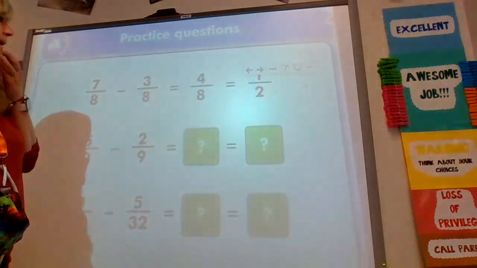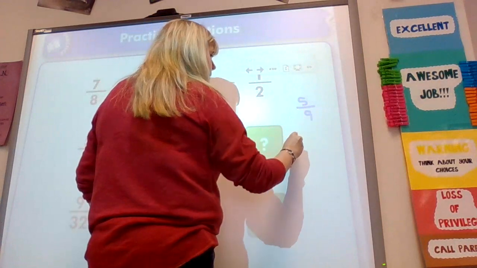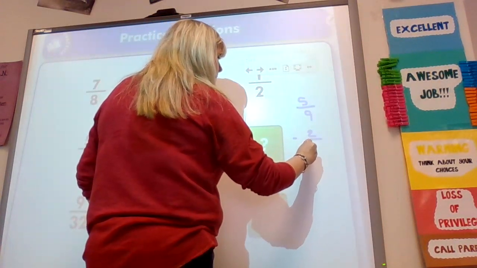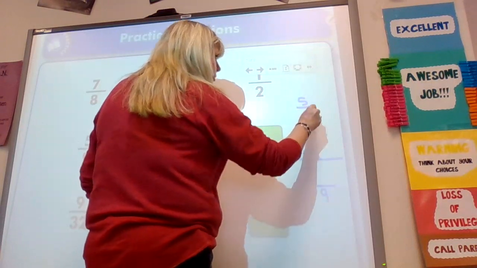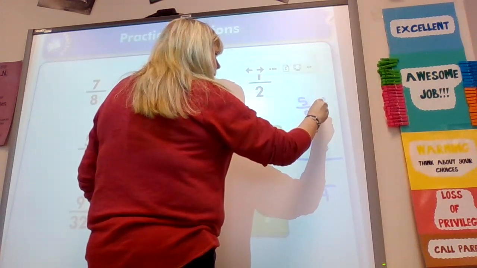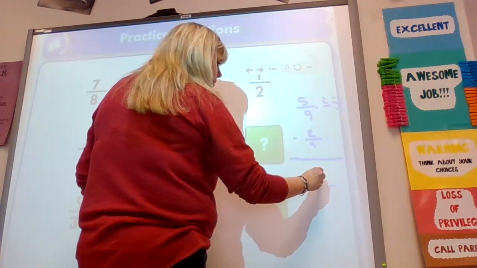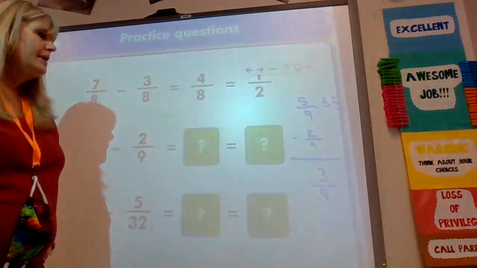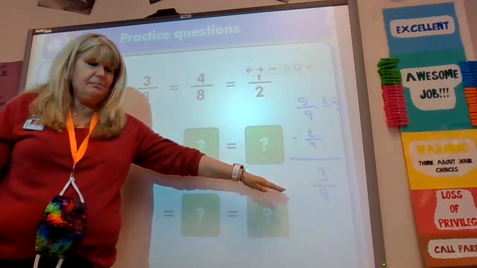Okay, 5/9 minus 2/9. We're subtracting, so 9 is my denominator. 5 minus 2 is 3. So the answer is 3/9. Again, I have to look at it and decide, is that in simplest form?